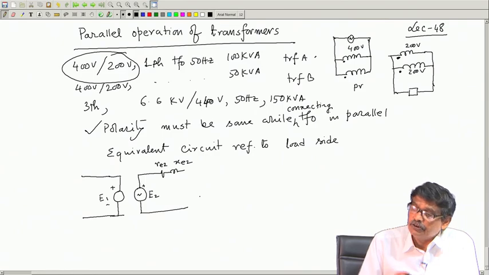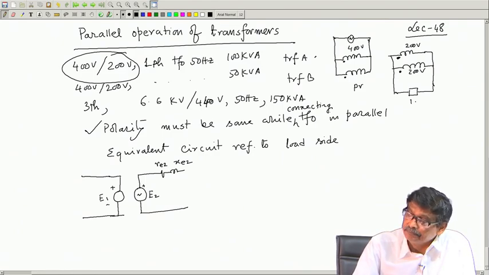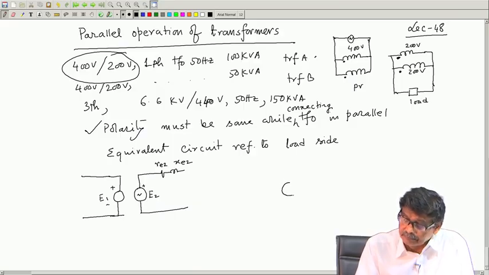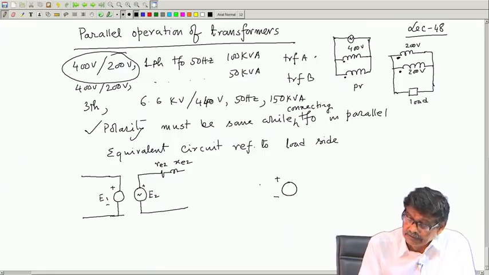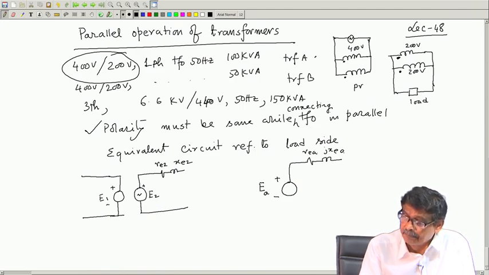Therefore, if you draw the equivalent circuit referred to the secondary side or load side, it will simply become like this, because of this parallel connection. This is the induced voltage of transformer A, and this is the equivalent impedance of the transformer, that is R EA and j X EA.